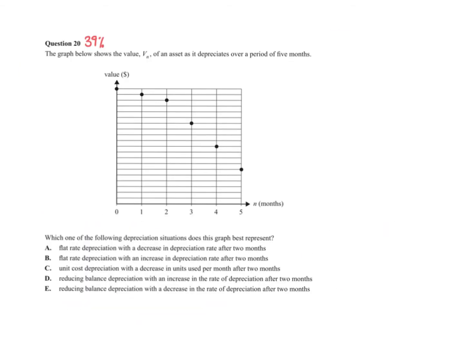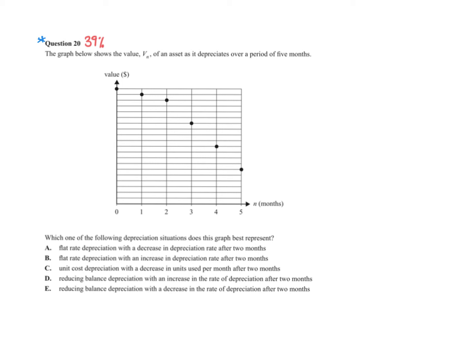Okay, so let's have a look at this exam question. So remember I said question 20, so we're a couple into finance, okay? Not too far into it. But it says the graph below shows the value of an asset that depreciates over 5 months. Which of the following depreciation situations does the graph best represent? So if you have a look, see what's happening with the graph.